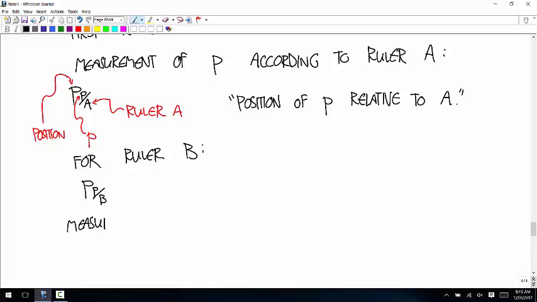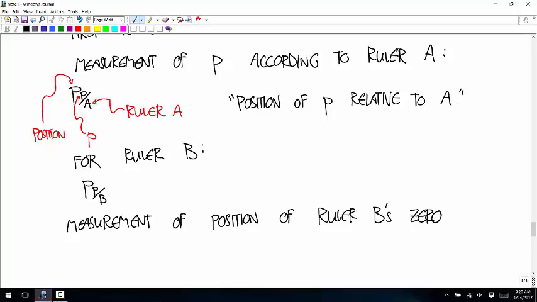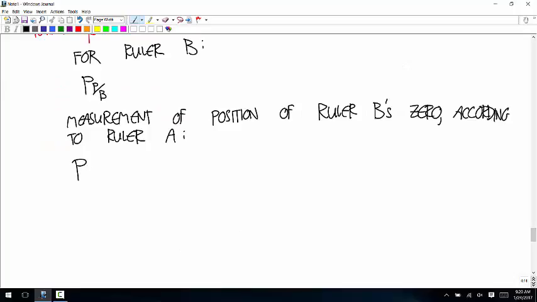So the measurement of the position of ruler B's 0 according to ruler A, what do you think we're going to call this?